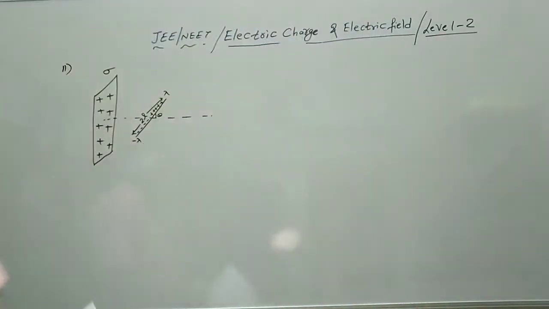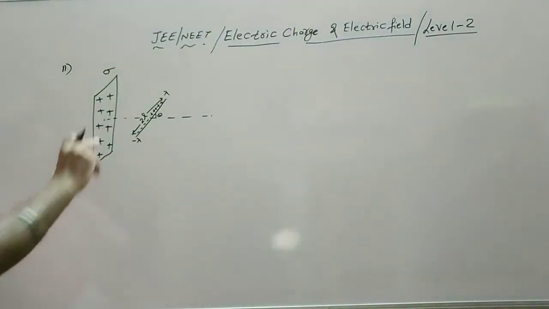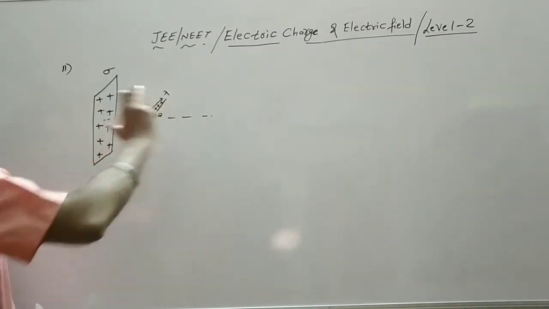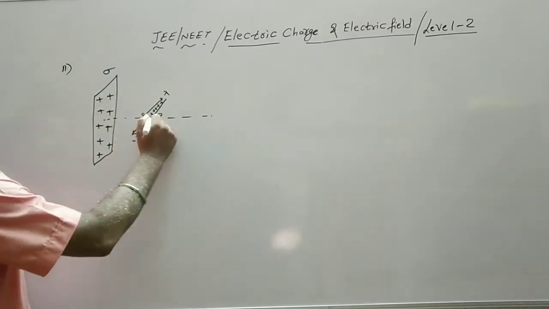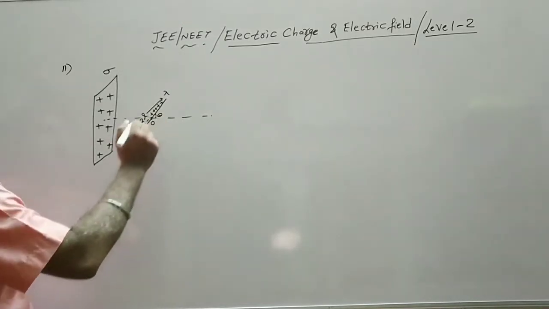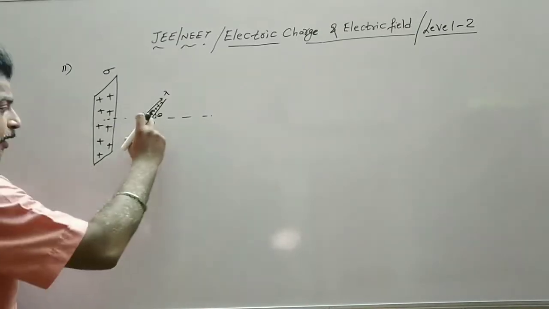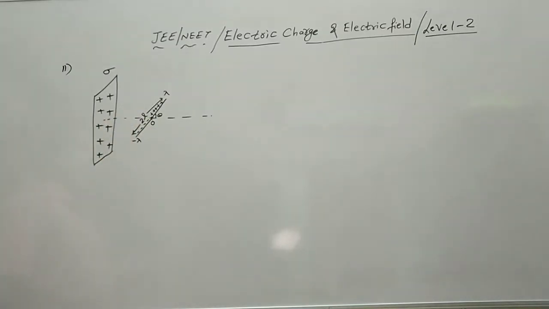So it is like we have a source as a plane sheet and a rod is placed near it such that half of the rod is positively charged and half of the rod is negatively charged. You have to find out the torque acting on it.